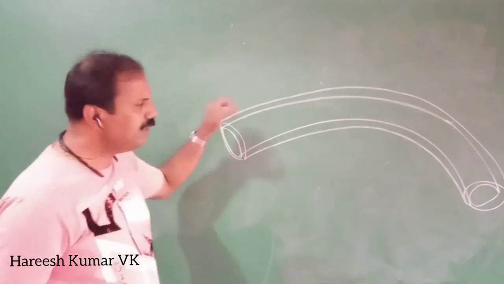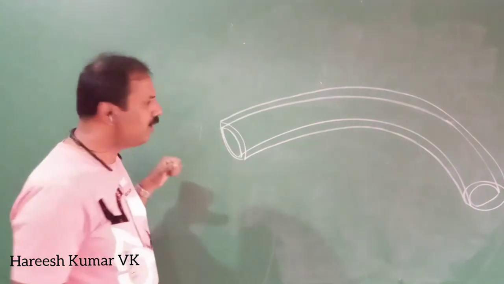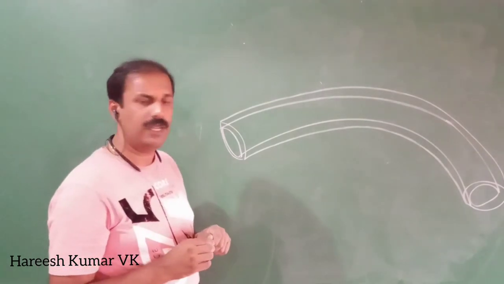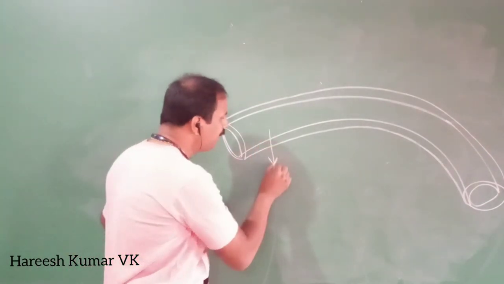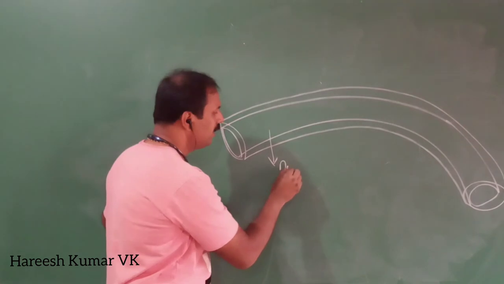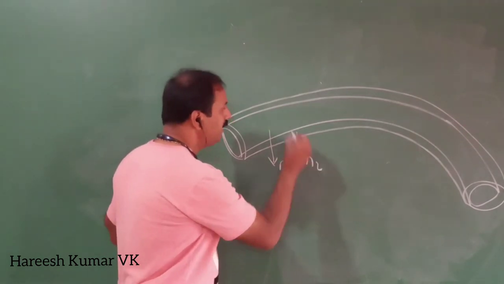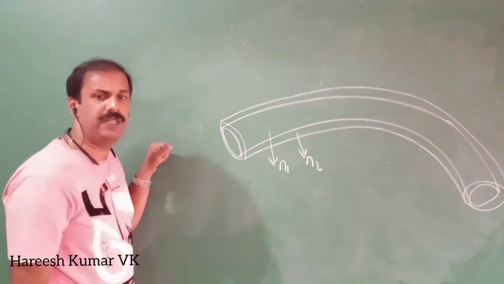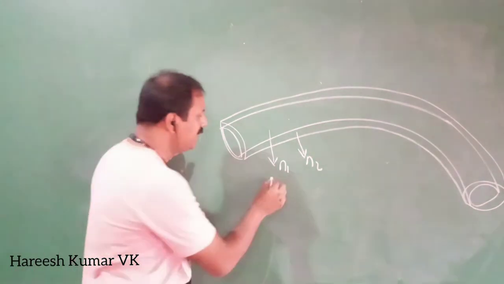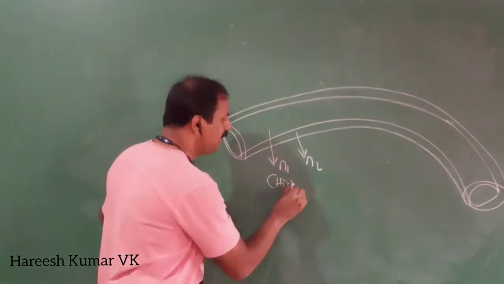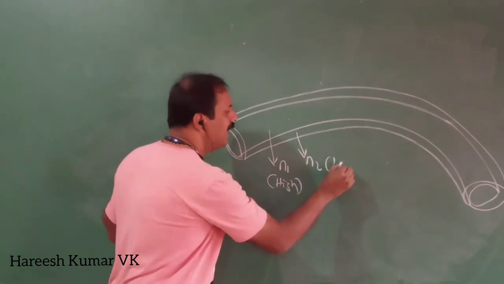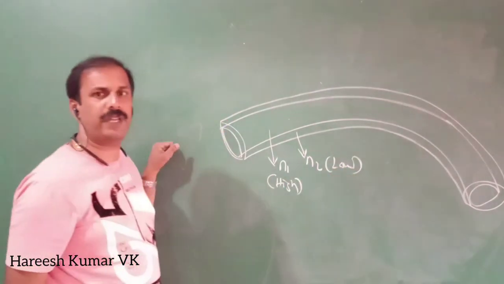So this has two parts, as I told you. The importance of this is that inside we have N1, and outside N2. The inside has a high refractive index and the outside has a low refractive index.